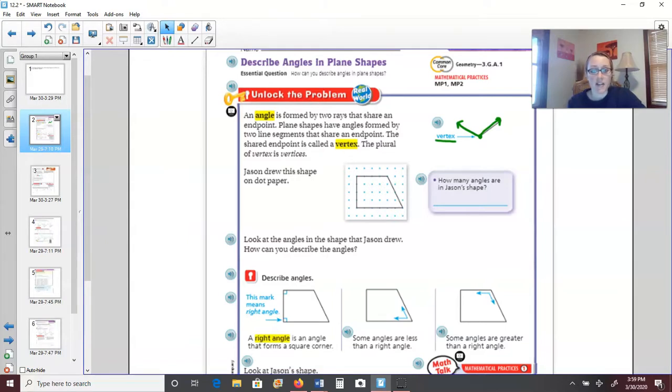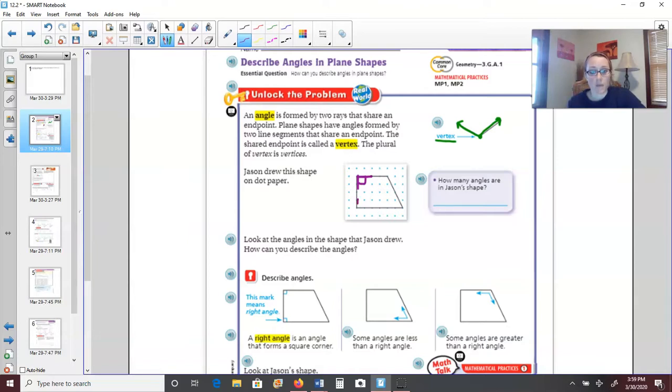So if we take a look under our Unlock the Problem, it says that Jason drew this shape on dot paper. How many angles are in Jason's shape? So again, an angle is formed when we have 2 rays come together. And so we could look at this top corner, and these 2 rays or segments are coming together because this is a closed shape, so now these would be segments. So the space in here would be 1 angle.